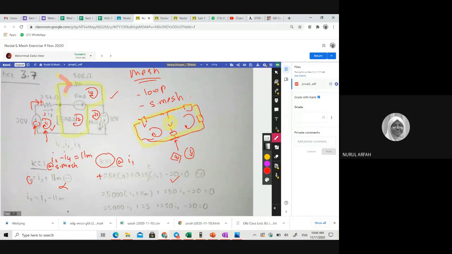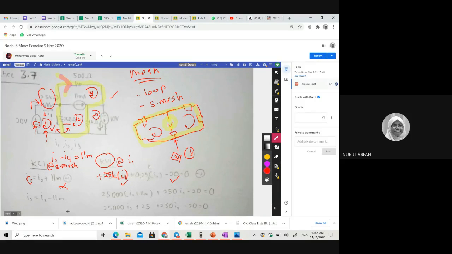So you have I1 here. Since there's only one current at this 25 kilo ohms, you should put just only one. This is correct. And then you have 250 ohms here, shared in between these two loops, right?